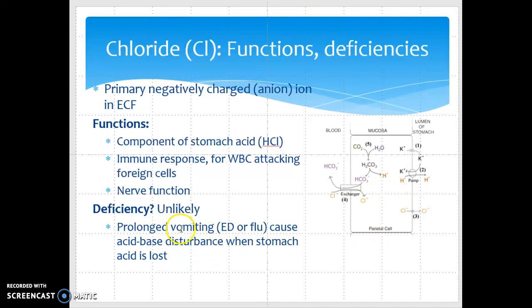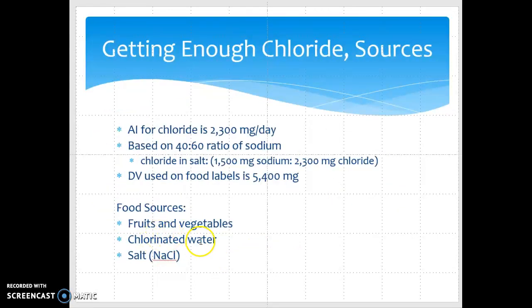We can have a deficiency in chloride if we have a lot of vomiting or have had the flu, so that could change our acid-base balance by just losing a lot of fluids in an illness. So you're getting chloride with table salt. Basically, it's in chlorinated water, table salt, and again in fruits and vegetables. Like you think of celery having a lot of sodium and potassium chloride.